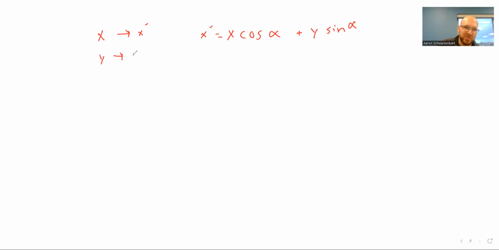Y transforms to y prime. Negative x sine alpha plus y cosine alpha. And I'm just telling you these. The book kind of just tells you these two. You are not supposed to come up with this on your own.